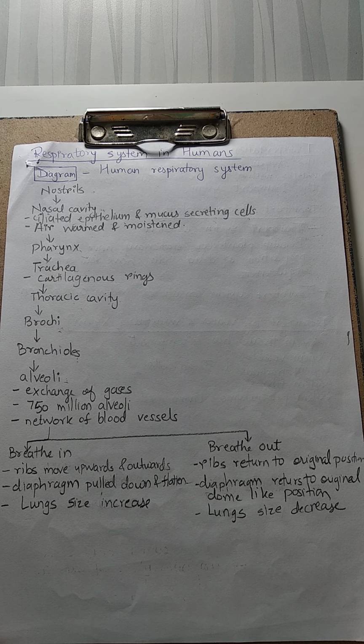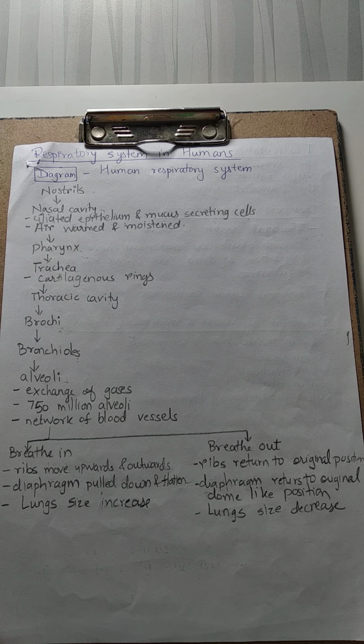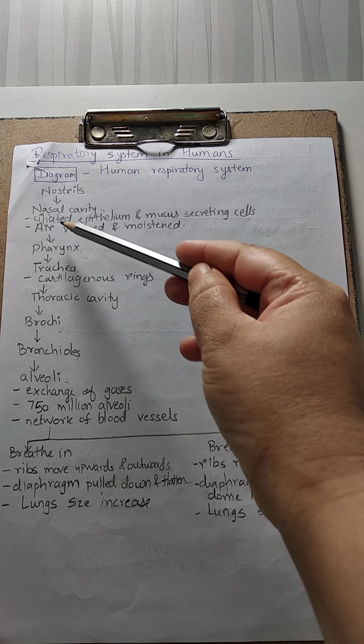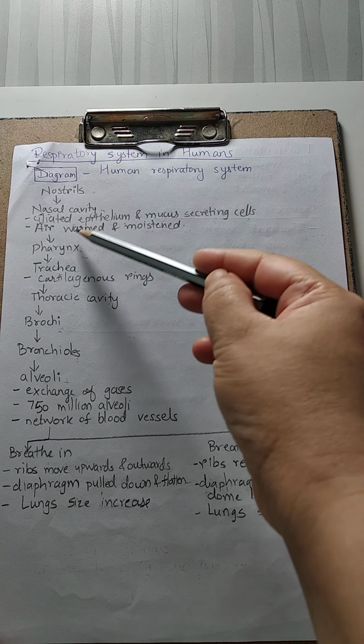In nasal cavity, air is warmed and moistened. Nasal cavity ends in internal nostrils through which air enters into pharynx. Okay, from nasal cavity, this clean, warm and moist air enters into pharynx.